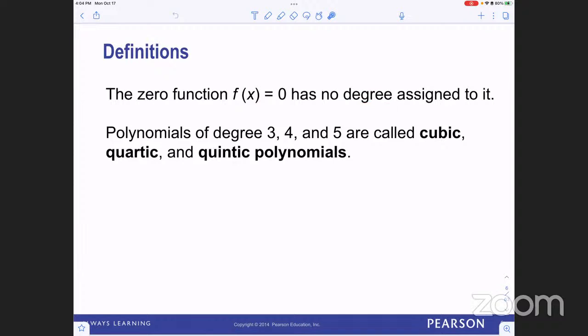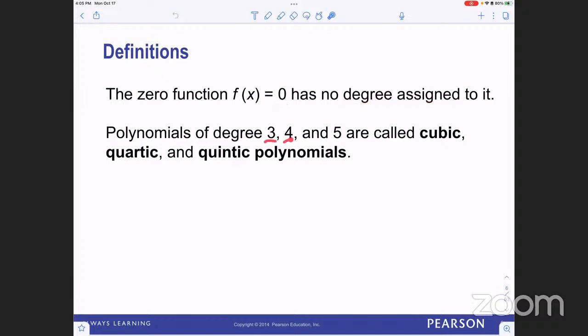That's because the 0 function can be written in an infinite number of ways: 0 times x squared, 0 times x to the 14, 0 times x to the 5th, and so on. All of those collapse to 0. Because there's no unique way to write this function, f of x equals 0 has no degree.